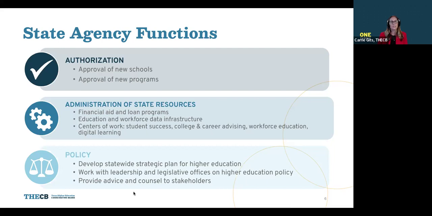In the agency, we also have centers of work, including student success, college and career advising, workforce education, and digital learning. Lastly, we work on policy, including the strategic plan for higher education in the state, called Building a Talent Strong Texas.